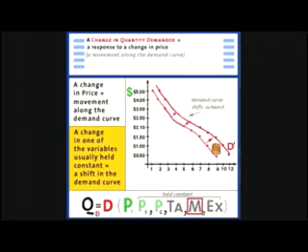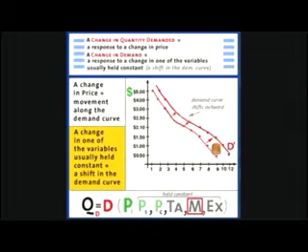We have a whole new relationship between price and quantity, and that's what's meant by a shift in the demand curve, or the language, a change in demand. So, a movement along the demand curve is a response to a change in the price of bread itself, and that's called a change in quantity demanded.